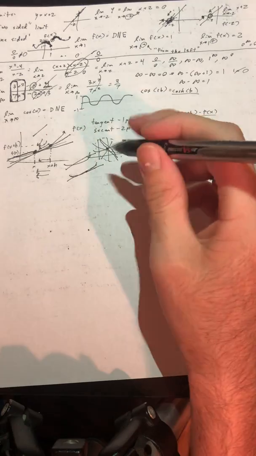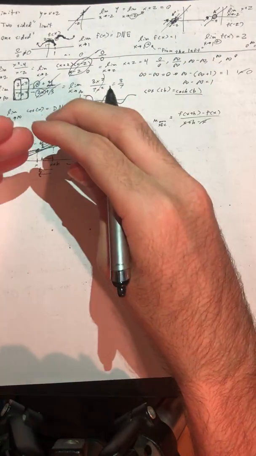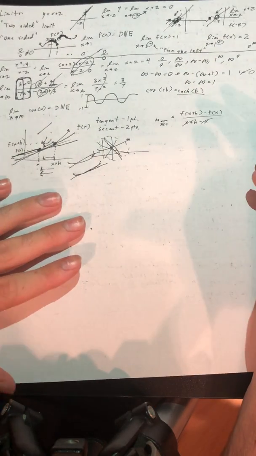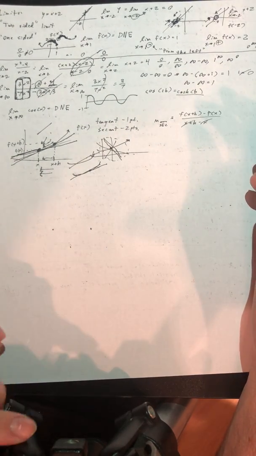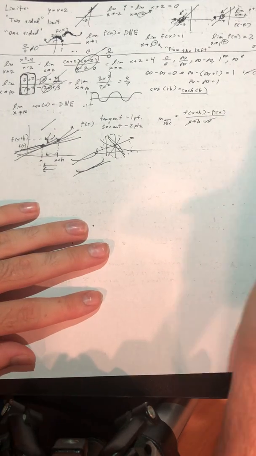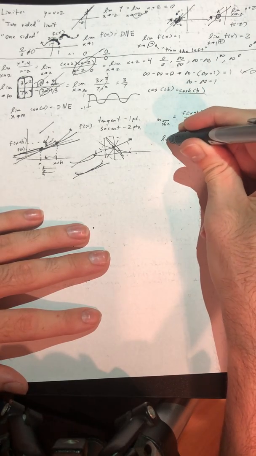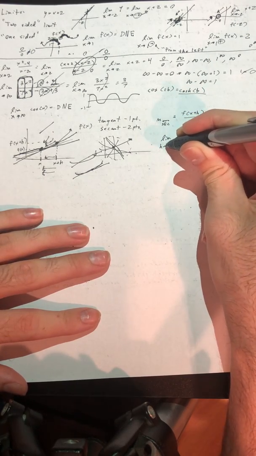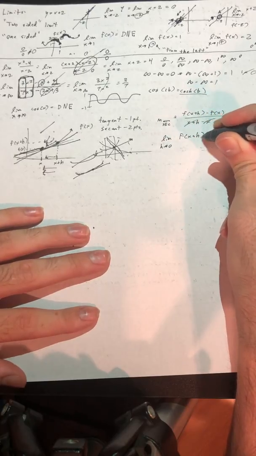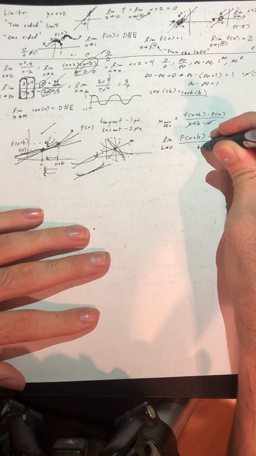And that's why we have 2 points, and why we let them close in on each other and become 1 point. Well, they don't actually become 1 point because, like I said, the limit need not be defined at the point you're approaching. So basically, we have the limit as h goes to 0 of f of x plus h minus f of x over h.